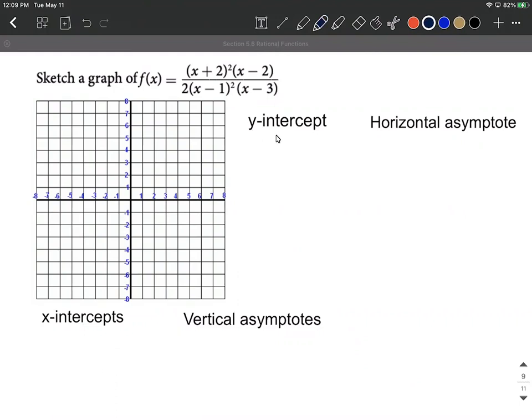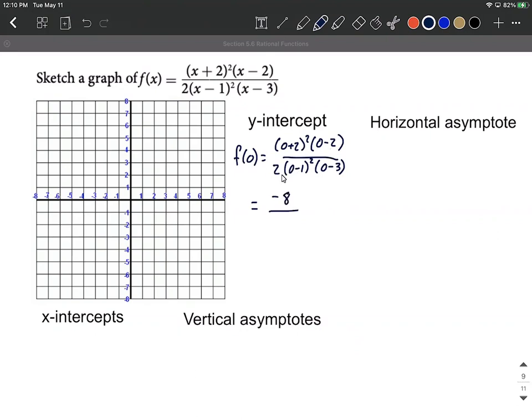So first of all, our y-intercept. Y-intercepts always occur when x equals 0. So let's substitute a 0 in for each of our x's. Let's evaluate this function at 0. So we have 2 times 0 minus 1 squared times 0 minus 3 in our denominator. A little bit of simplifying down here. Hopefully we're okay with saying this is 2 squared, which will be 4 times negative 2 will make negative 8.